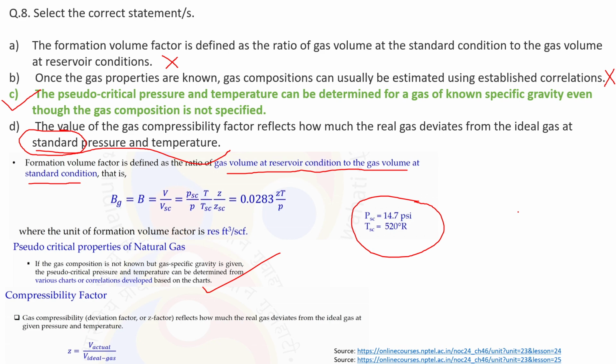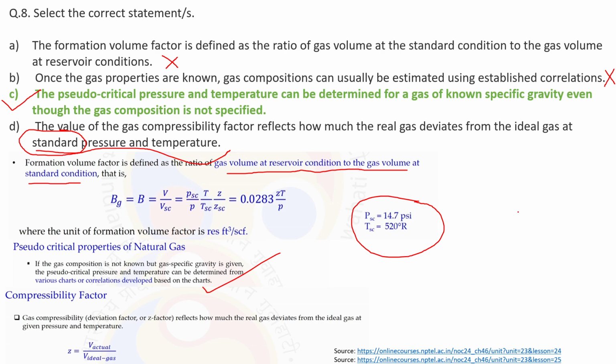These are the properties needed for finding out things like viscosity and everything else required to study the flow of the fluid in the reservoir and how it will be taken out from the reservoir. For that we need to find the pseudo-critical pressure and temperature, which we can find by certain correlations that we have studied before.